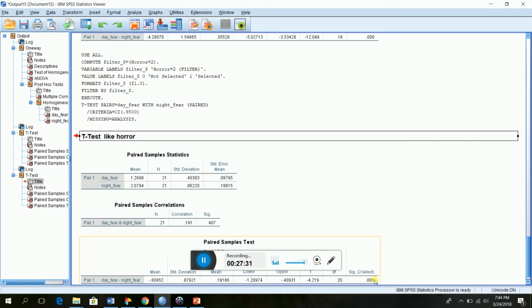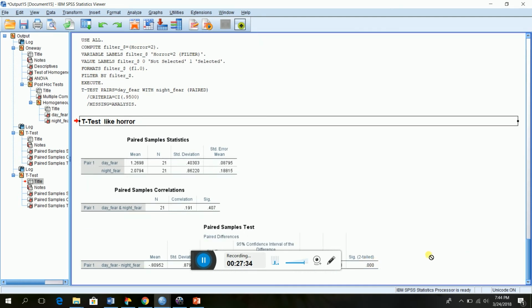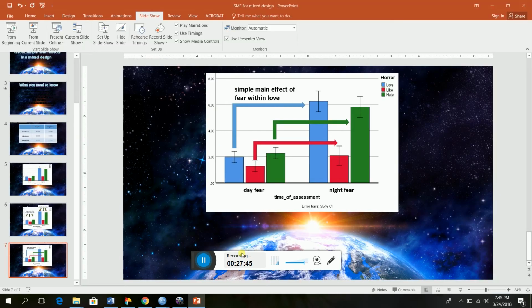We scroll down here, we can see that the sig value is less than 0.05. So that means when we compare day and night for the people who like horror movies, we see a significant difference. Looking at the graph, we've now learned that if we compare like during the day to like at night, their scores go up as well.